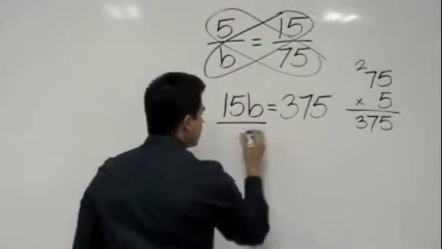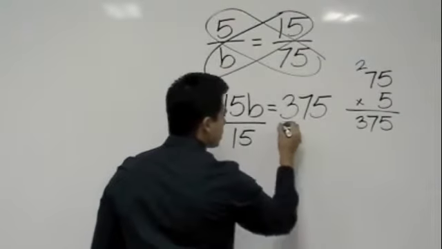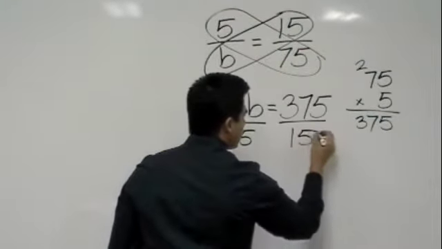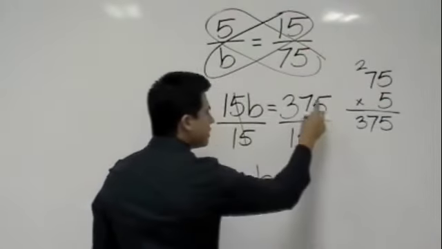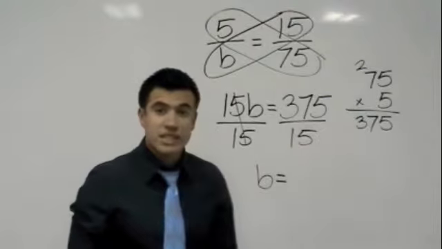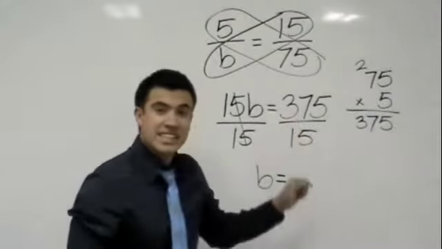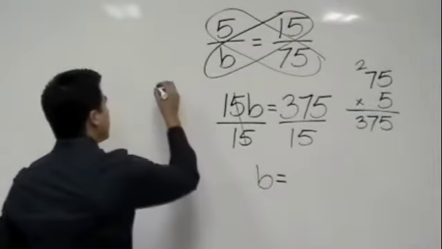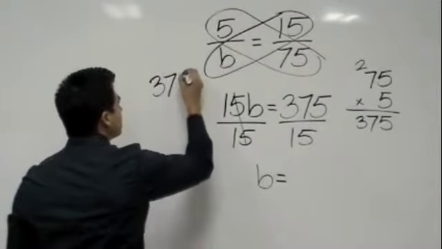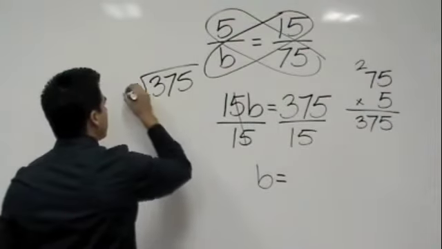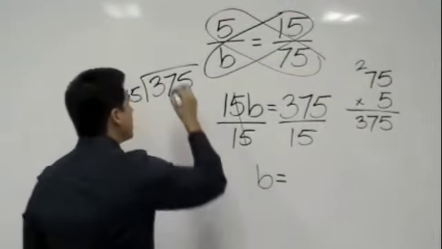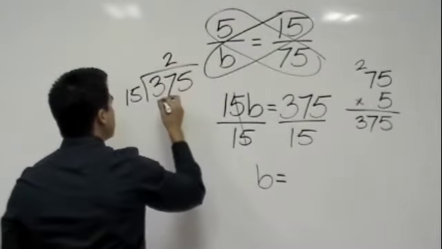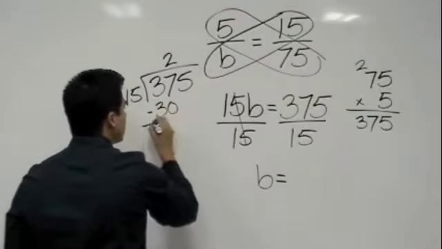Okay, let's go ahead and isolate the variable by doing the opposite. We divide both sides by 15. Now b is by itself. And let's find out how many times 15 goes into 375. Let's figure that out. 375 divided by 15. 15 goes into 37 2 times. 2 times 15 is 30.